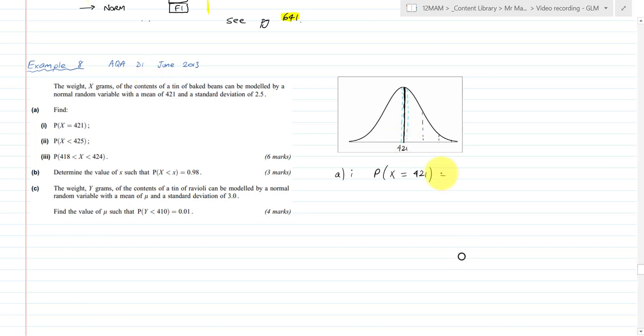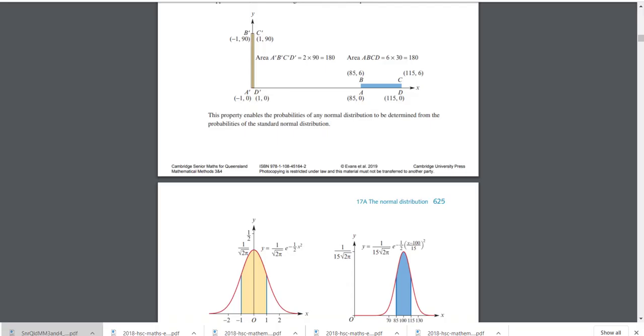So we're actually looking for the probability that x is greater than or equal to 420.5 and less than 421.5. And remember that with these two signs, greater than or equal to and less than, it doesn't really matter which one you use because x equaling exactly 421 is essentially 0. But we can do this calculation now, and we can do it on our calculator. So let's jump in and do that.